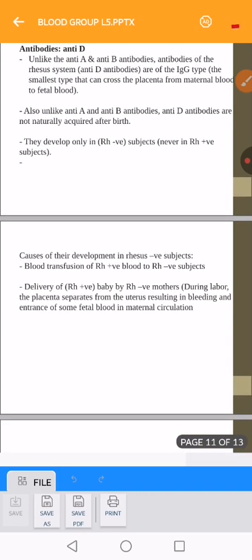So the causes of its development in rhesus negative subjects. First one is the blood transfusion of rhesus positive blood to a rhesus negative person. For example, someone with blood group A negative receives blood from a positive patient.